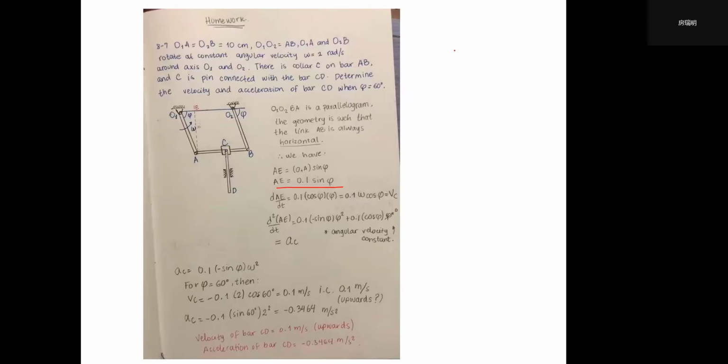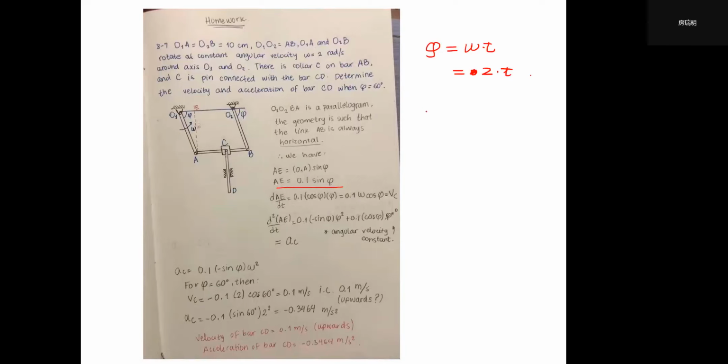Actually, we have its rotation function: phi equals omega t. I'm sorry, it should be 2 times t, right? So here AE always equals 0.1 times sine phi. So we can do these two derivative calculations.